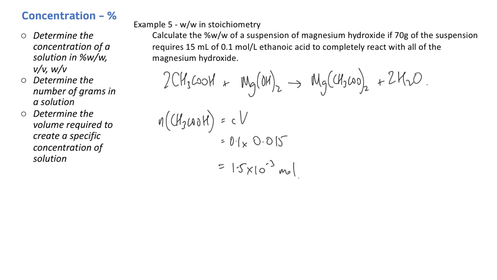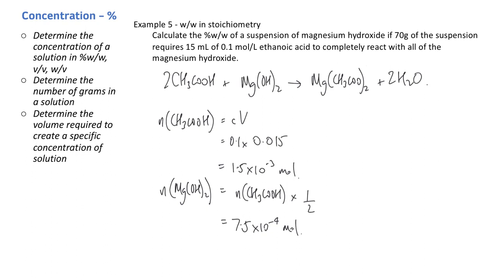Okay, so now I have that, I can work out the number of moles of magnesium hydroxide that it reacted with. So that reacted with the number of moles of ethanoic acid times 1 on 2. Okay, so divide that by 2 is 7.5 times 10 to the negative 4 mole. Okay, that's the number of moles of magnesium hydroxide I need.